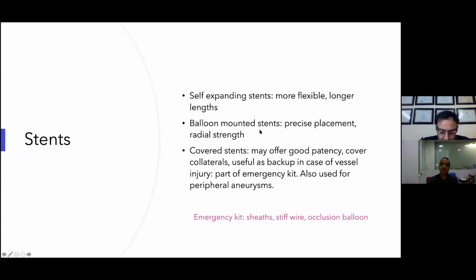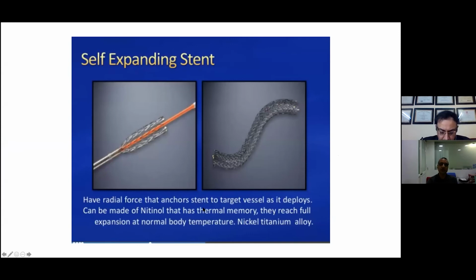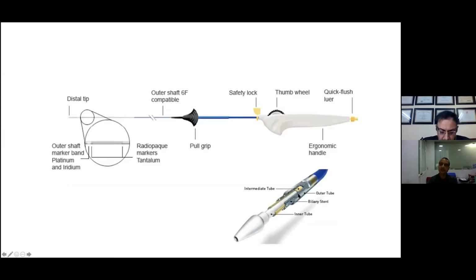As you can see, this is very flexible. These are usually made of nitinol and have thermal memory, and they reach full expansion at normal body temperature. The delivery system appears very complex, but in practice it is very easy to deploy. The stent sits between an outer and an inner sheath, and the mechanism is that as you deploy, the outer sheath moves backwards. It's important that you do not hold the sheath while deploying, to avoid shortening or lengthening of the stent.